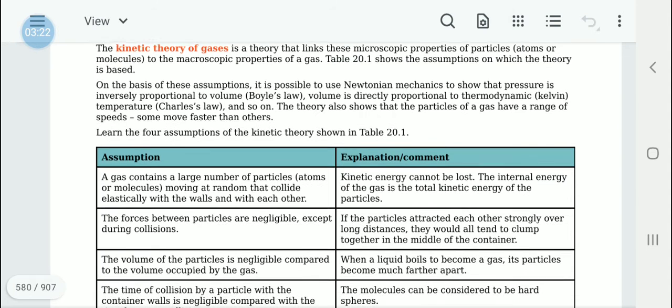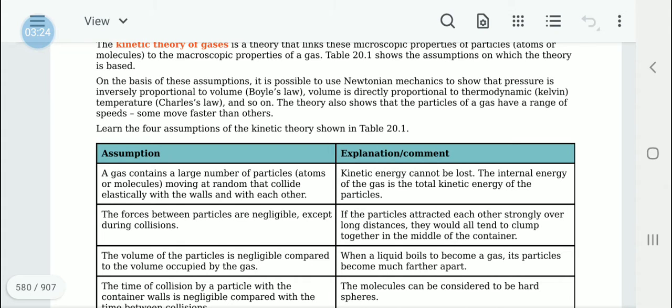Then the theory shows that the particles of a gas have a range of speeds, right? So even though the temperature is constant throughout the gas, still there would be particles that move faster than the others.